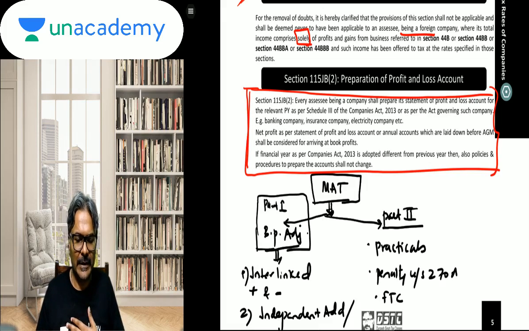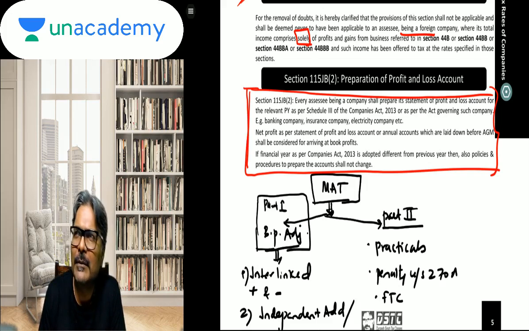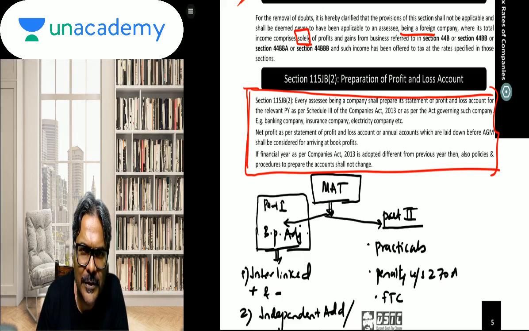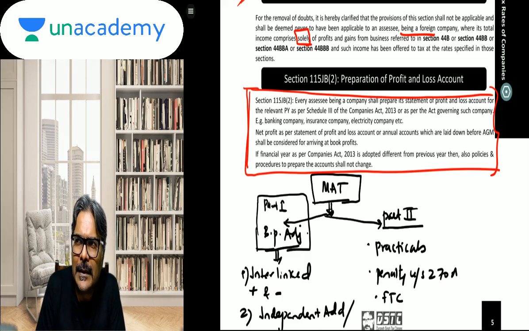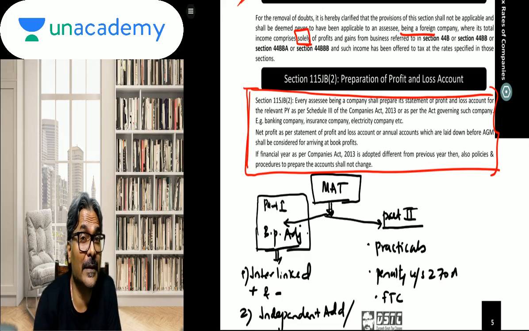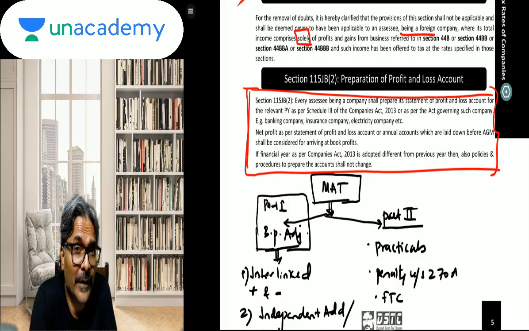So students, what will happen here is this, for example a foreign company who is having the PE in India, they are definitely then subject to MAT. Consider that students, they are having the calendar year on the basis of which they are preparing their books. Whereas income tax law, we all know, we will have to go with the previous year.